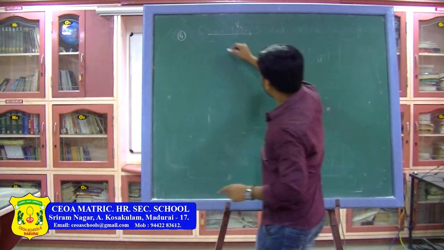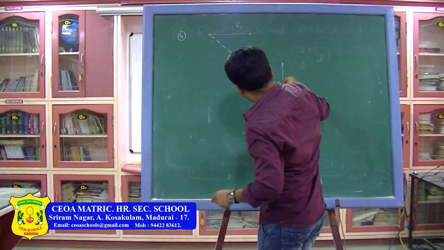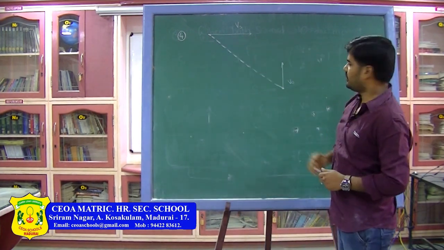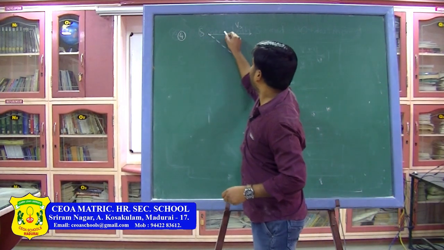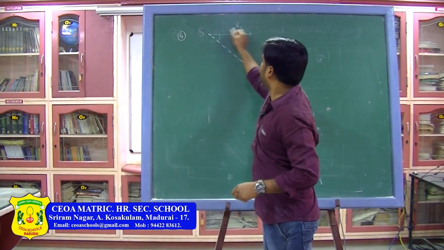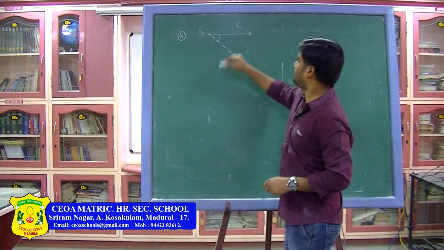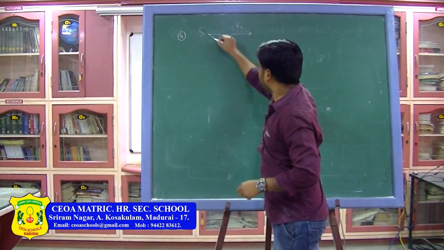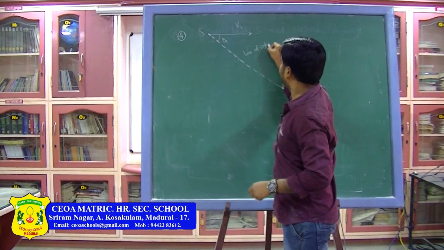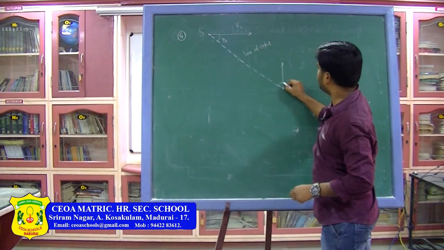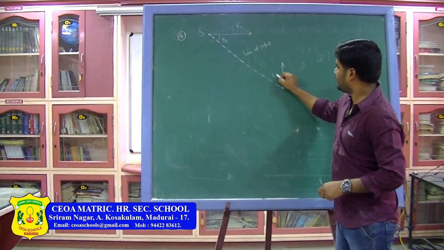This is called the line of sight direction between the observer and the source. Let the direction of motion of the source make an angle theta 1 with this line of sight, and let the direction of observer motion make an angle theta 2.